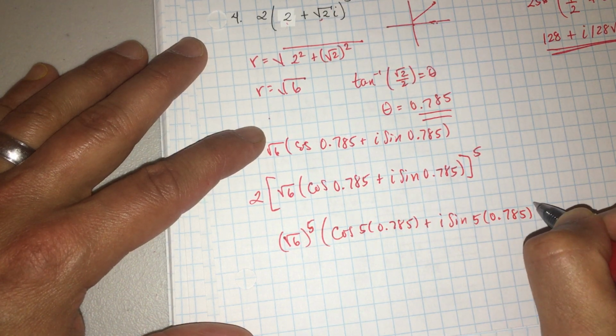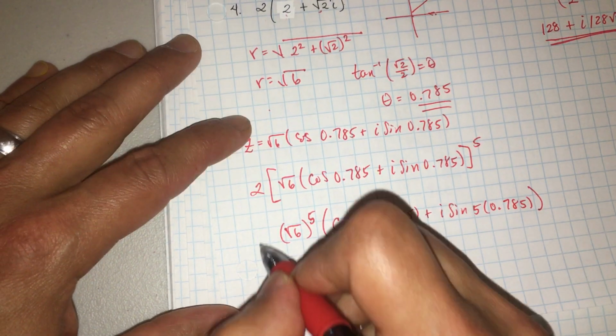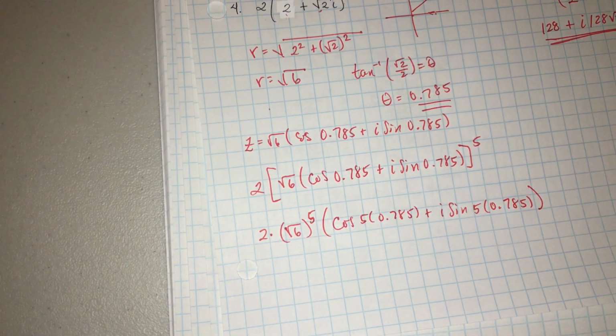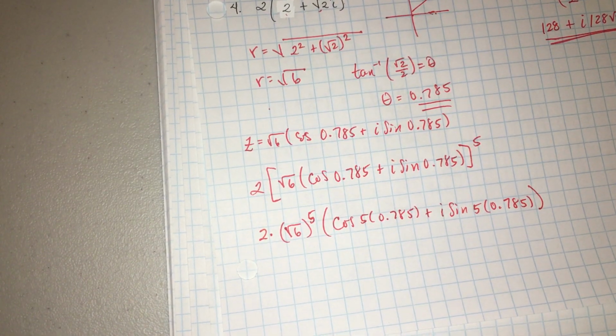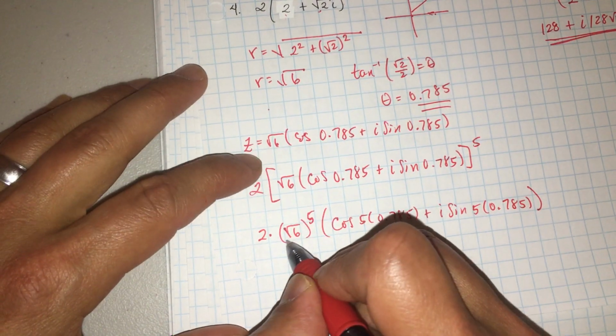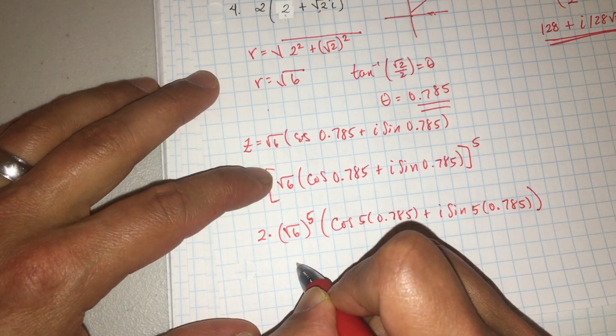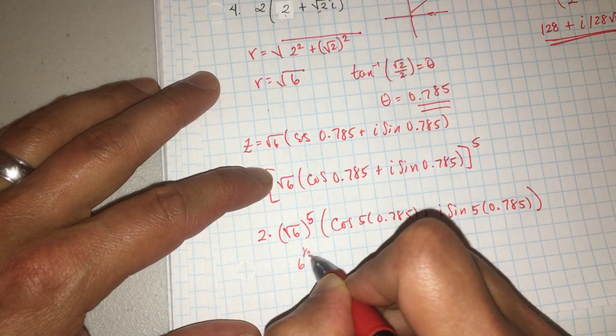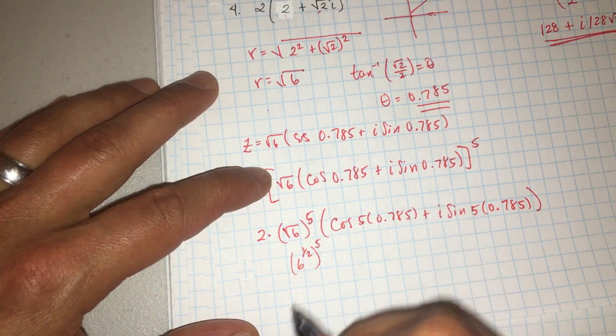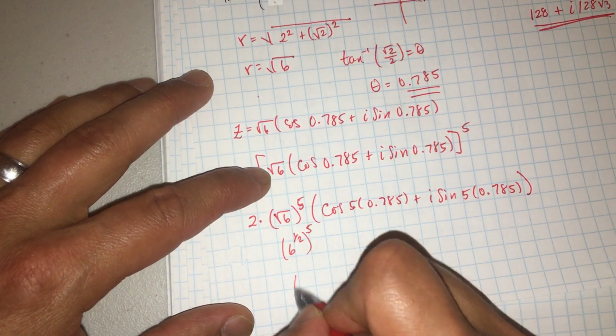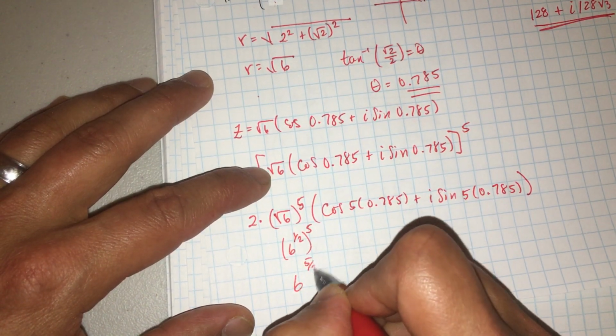And you just get a lot of decimals, and that'll be okay. Now, it's going to get a little tedious, but it's okay. Let's see. Square root of 6, I can just write it as 6 to the 1/2 power. And then times the 5 right here. That's going to give you 6 to the 5/2 power.